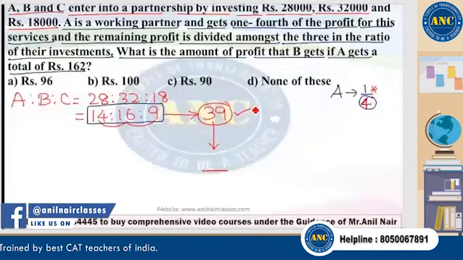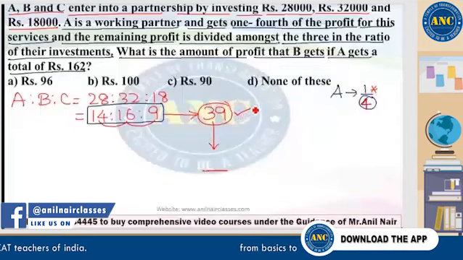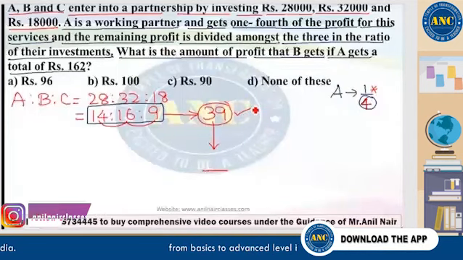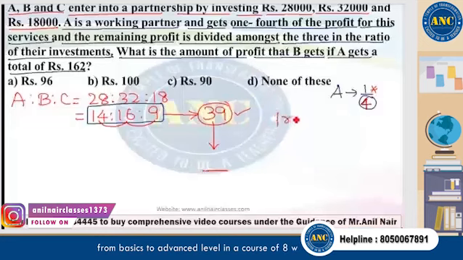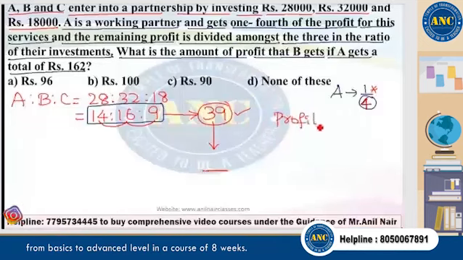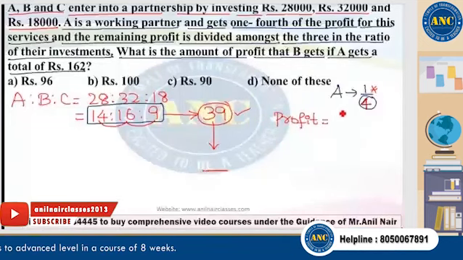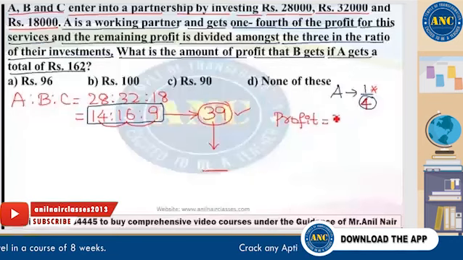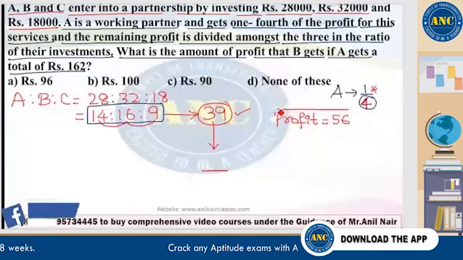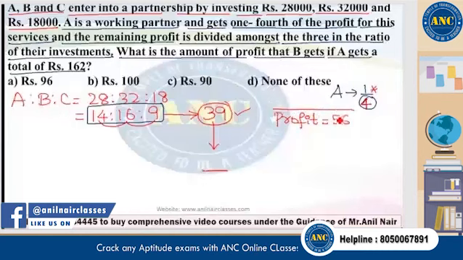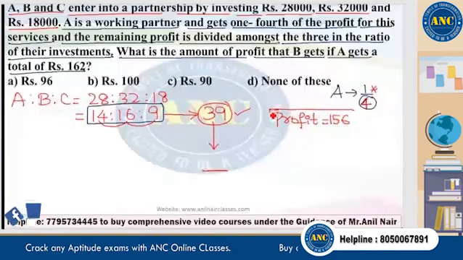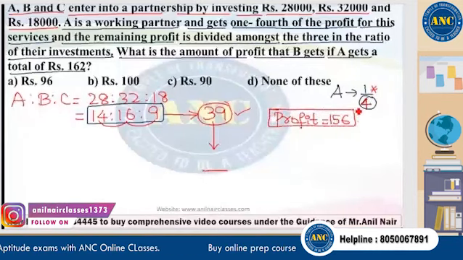It should also be a multiple of 39 so that I will avoid my fractions. So my profit, what I am assuming, is a multiple of both 4 and 39, which is the LCM of 4 and 39, which is 156. I am sorry, it is 156, not 56. I am assuming the total profit as 156.